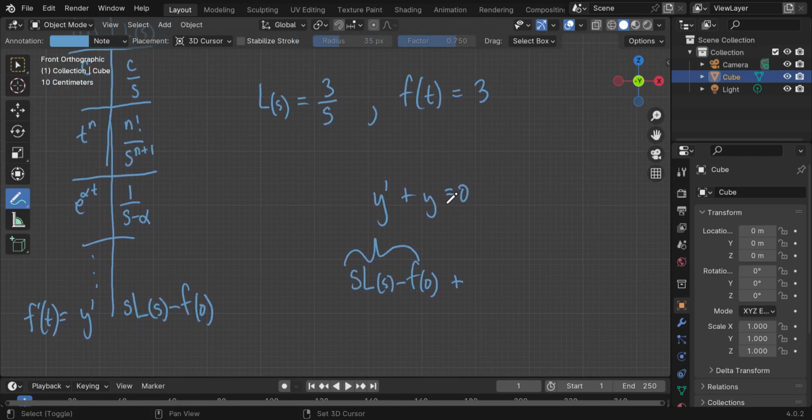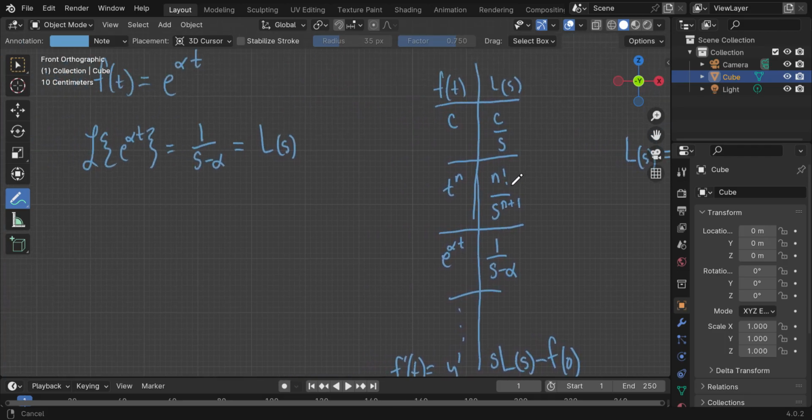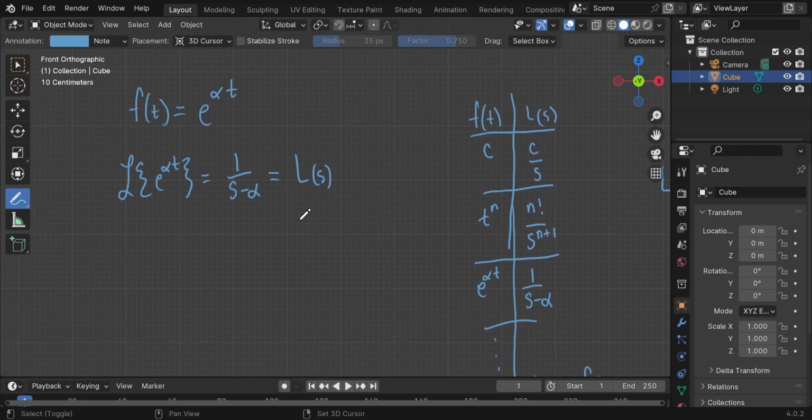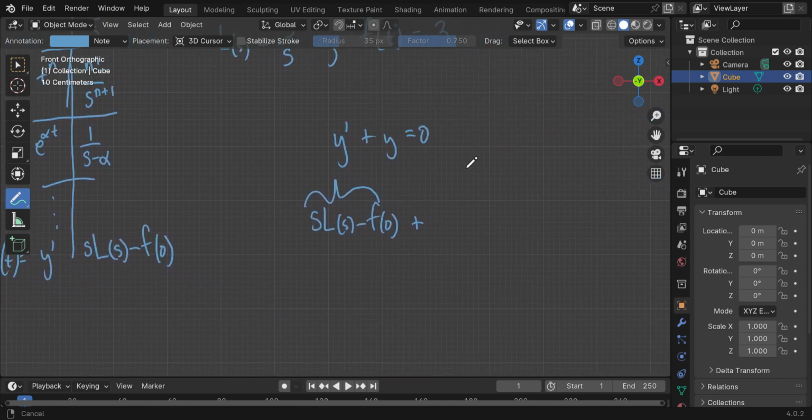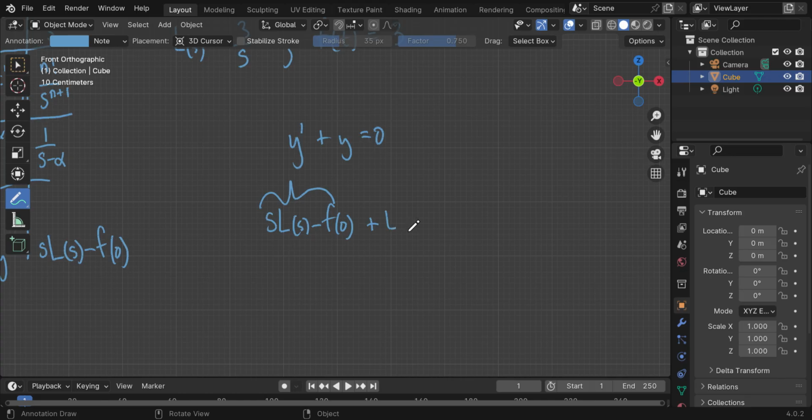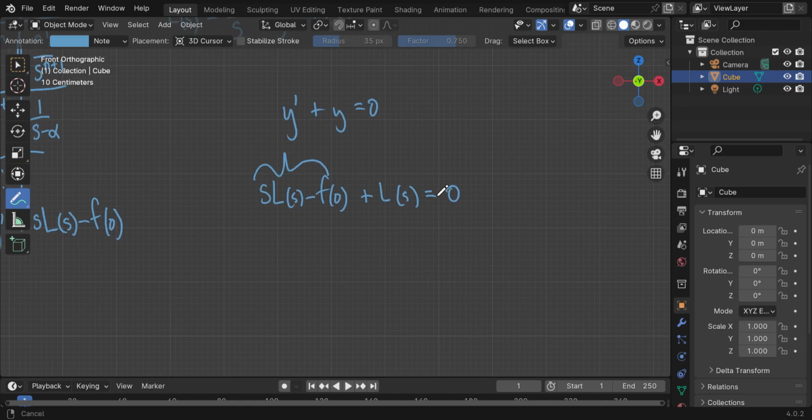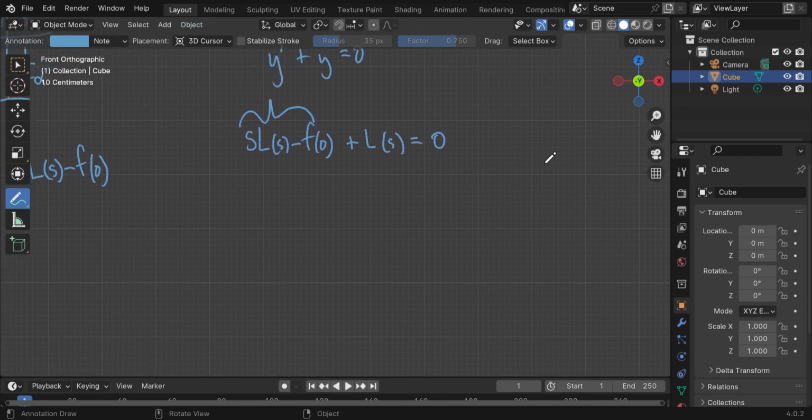Well, what is that? The Laplace of y is just the Laplace transform of y, so it's just L of s. And the Laplace of 0 is just 0. It's a constant, so it's 0 over s, which just results in 0.